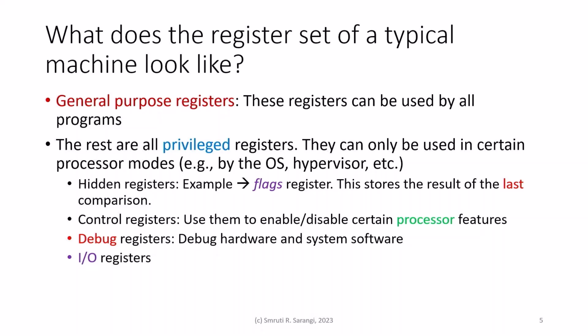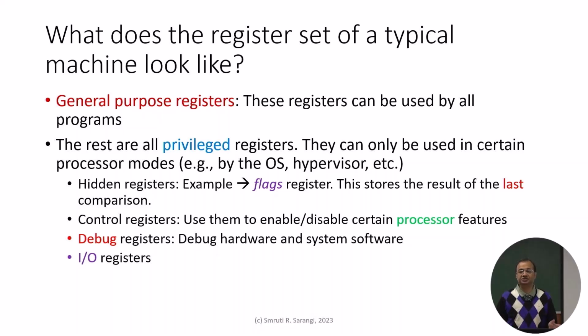So what we want to look at here is something beyond general purpose registers. General purpose registers are the ones that you use to write normal programs. These are the registers which can be used by all programs, right? But what we are more interested in are the privileged registers, which a normal program cannot see, or even if it can see, it is not allowed to use.